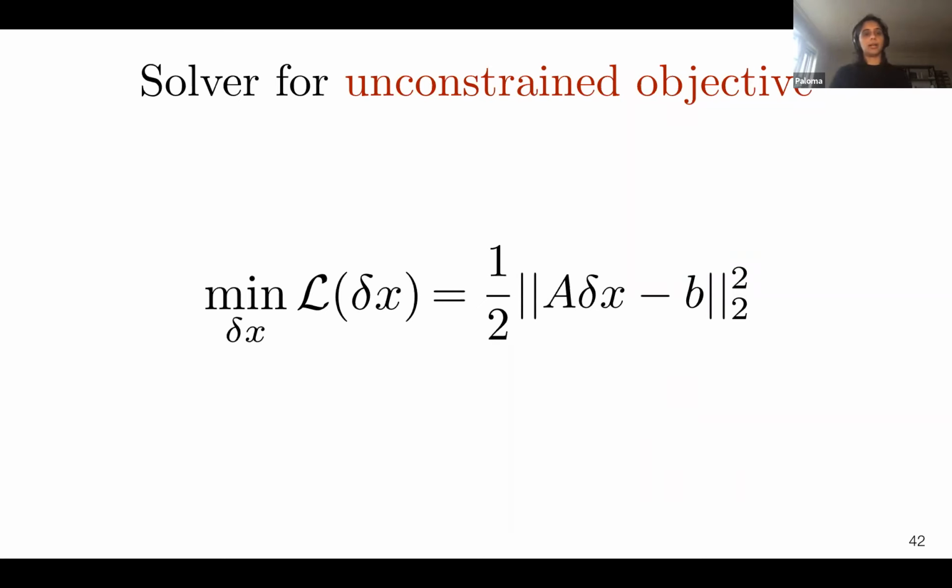Okay, so let's begin by first looking at how the unconstrained least squares problem is solved for efficiently. Now here, delta x is the update to the states x every iteration, and A is the matrix that is derived from linearizing all factors. Now, since the graph is sparsely connected, the resulting matrix A is also sparse.